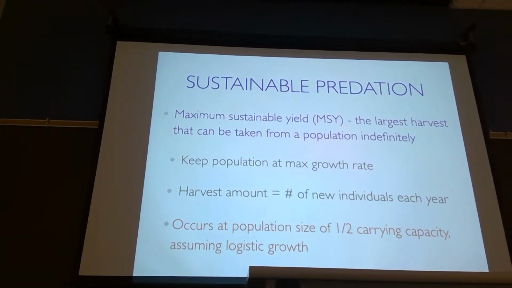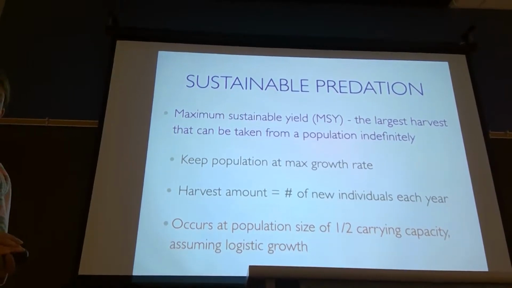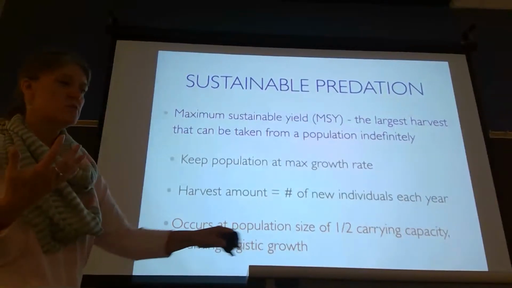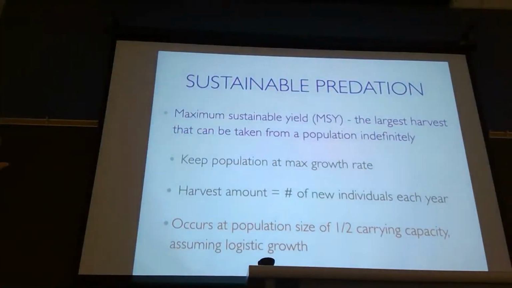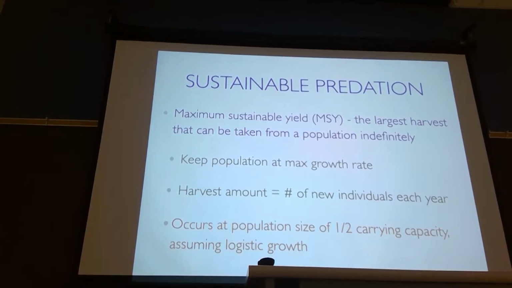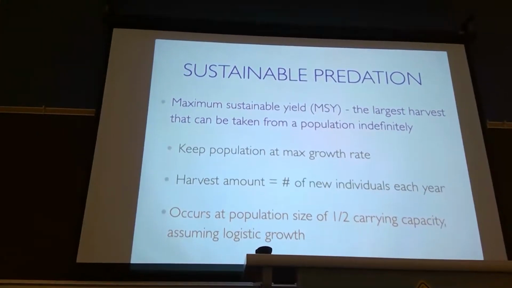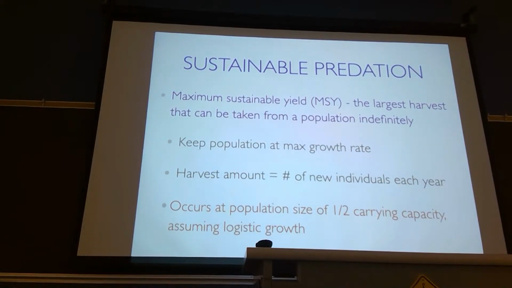This type of harvesting practice is really important for us economically and socially, more so than environmentally. In that, as humans, when we go to harvest things from the wild, if we take too many, there will not be as many the next year. And that means we'll make less money, we'll have less market, we can have less food or less medicine available to us as a human global population.